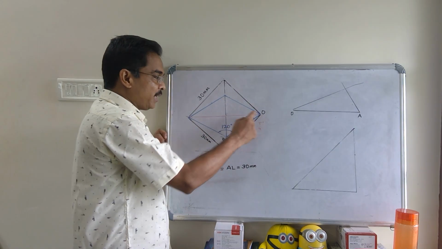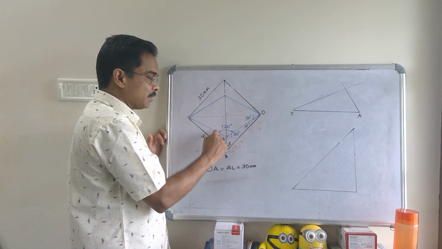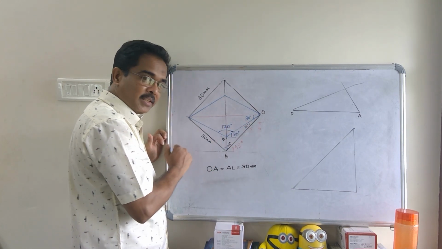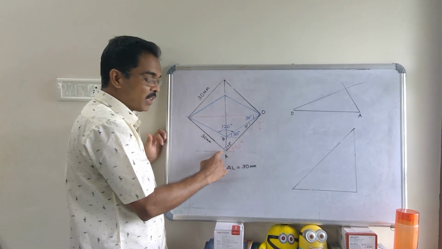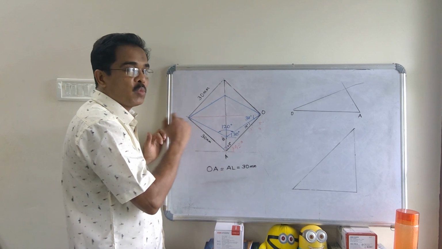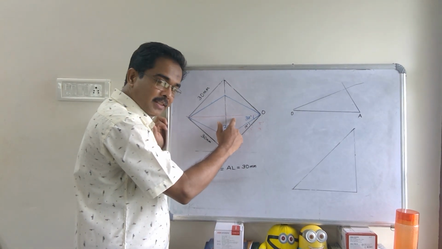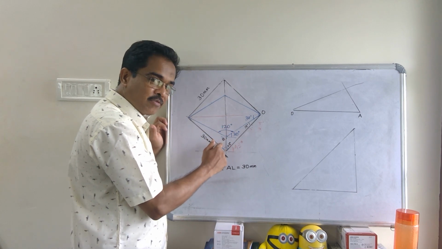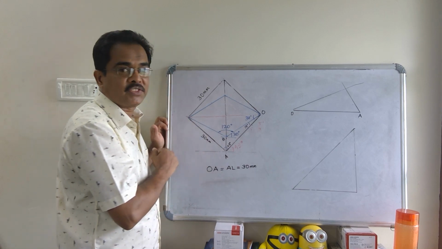I can draw these two lines at 120 degrees by reducing the length of the side OA to OB. Then it is possible to increase the angle from 90 to 120 degrees, keeping the diagonal length the same.